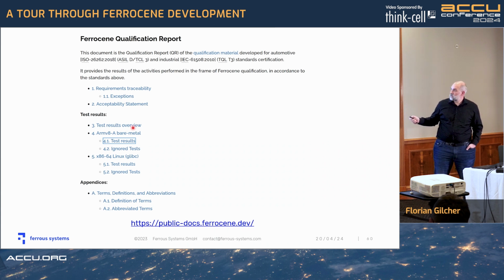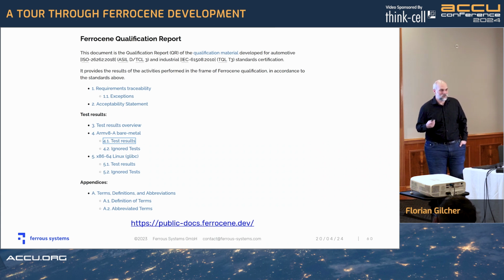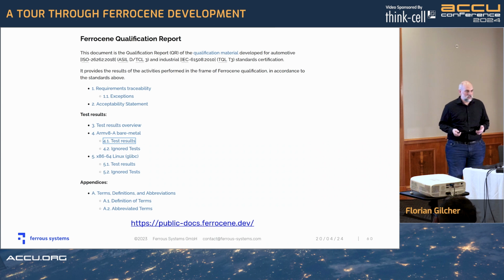For example, it says for ARMv8A bare metal, here are the test results, and here's a list of ignored tests, which shows which tests we did ignore. Now the question is, what tests do we ignore? For example, because it's ARMv8, tests that specifically test x86 are ignored, because they can't run it on ARM. So it's that kind of statements.